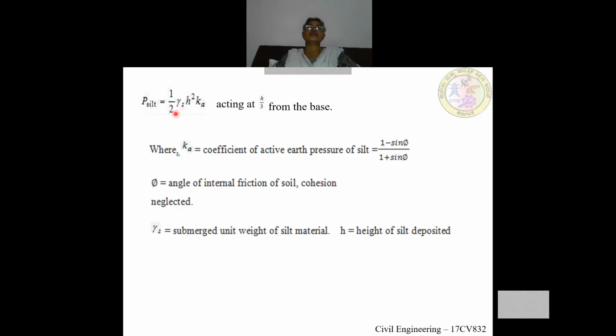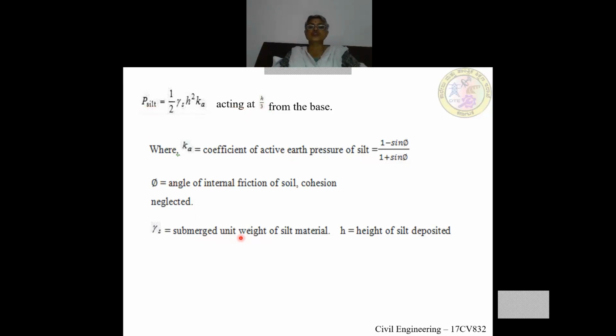So here it is half of gamma s into small h, where small h is the height of the silt deposited on the upstream side, into Ka. Ka is the coefficient of active pressure of the silt, taken as (1 minus sine phi) divided by (1 plus sine phi). This will act at a distance of h by 3. This is the horizontal silt pressure.